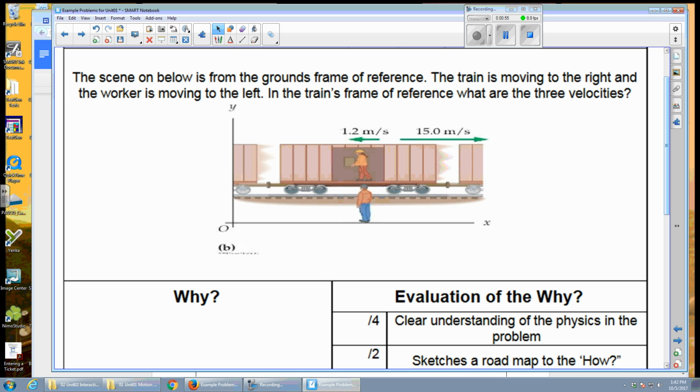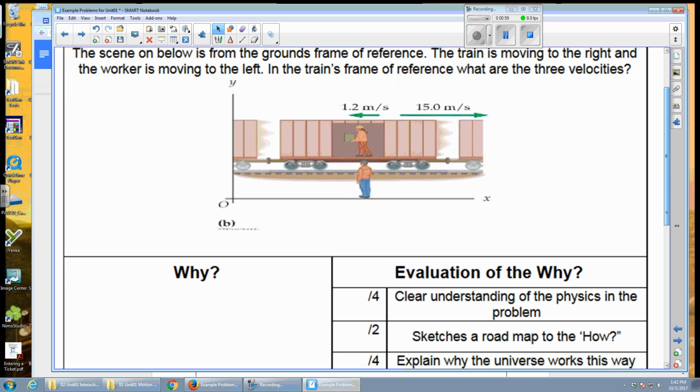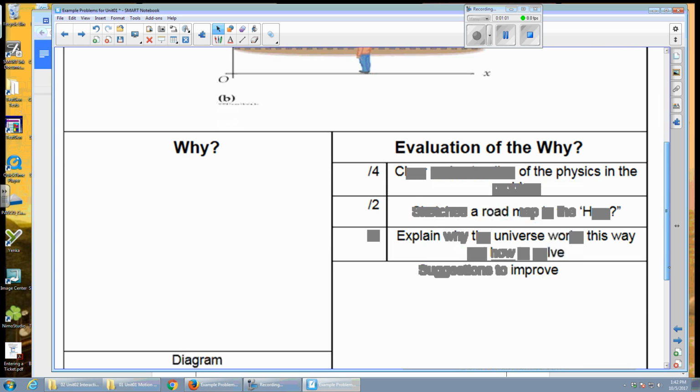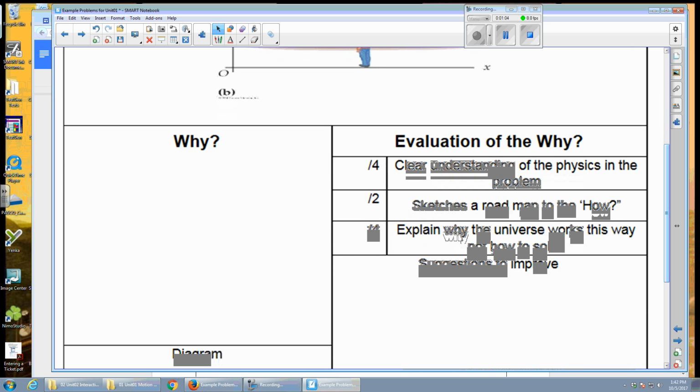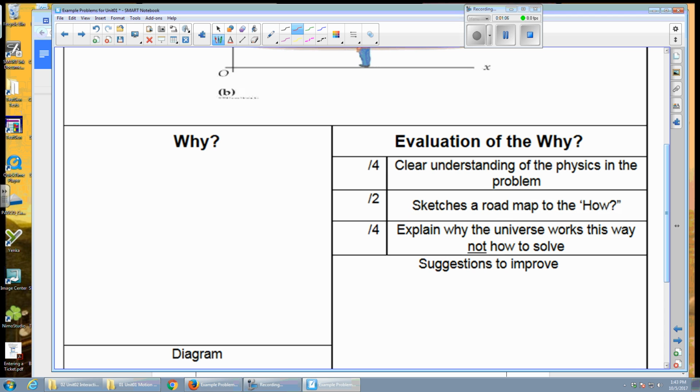So I would say that the big first thing is to show that you understand some things about relative motion. I would start off with something like, all motion depends on your frame of reference.